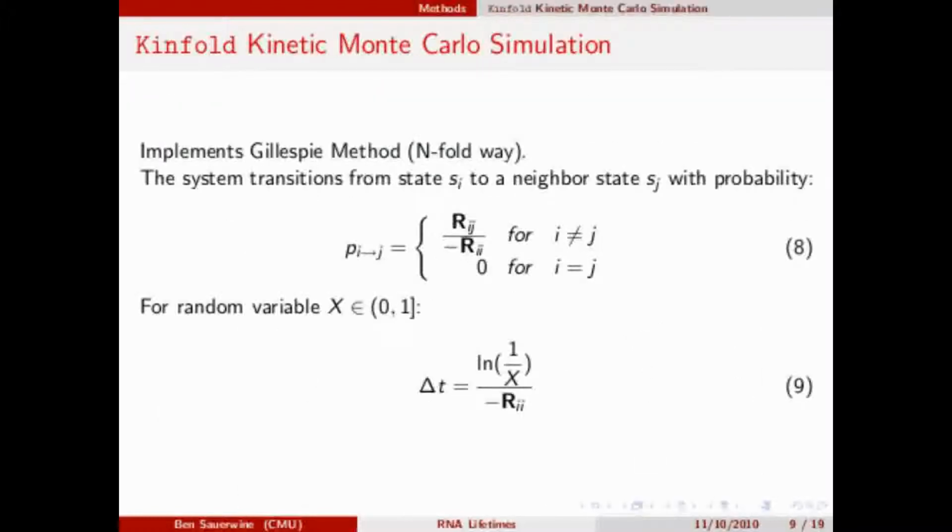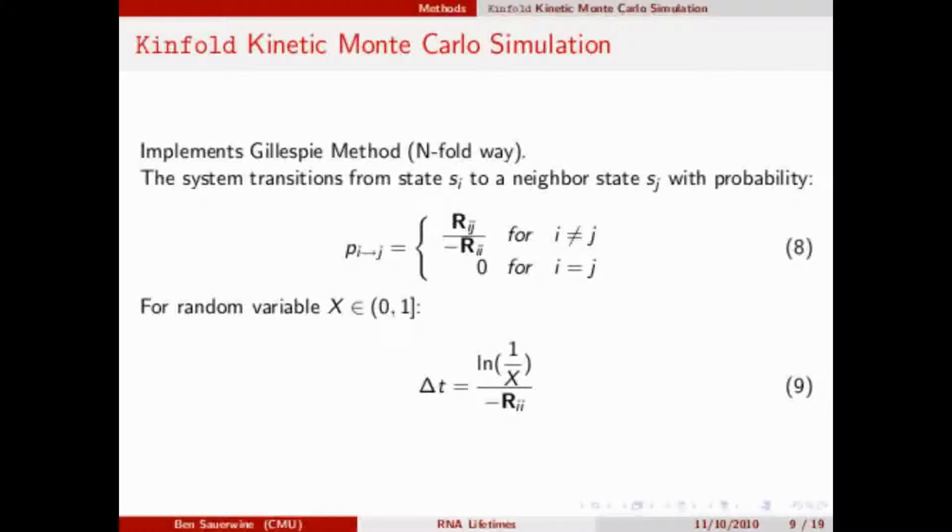My Monte Carlo simulator, Kinfold, implements the Gillespie method, or as you may know it, the n-fold way. So if I sit at state Si, my probability to go to neighbor state Sj is related to my rate between state i and state j, which I can get from the rate matrix I gave previously.